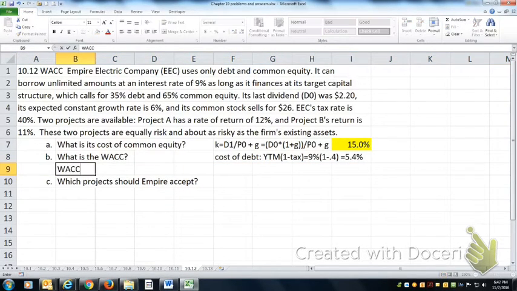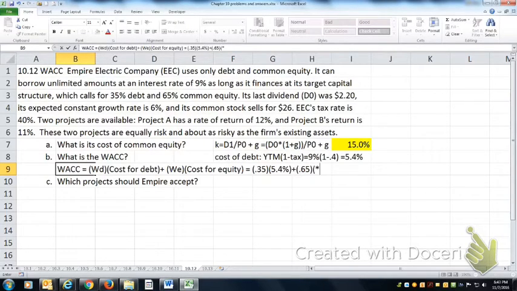So what is the weighted average cost of capital? The weighted average cost of capital would be the weight for debt times the cost of debt, plus the weight for equity times the cost of equity. That would be debt's 35%, 0.35 times 5.4%, plus 65% equity times 15%.